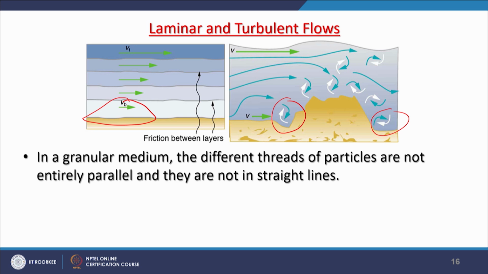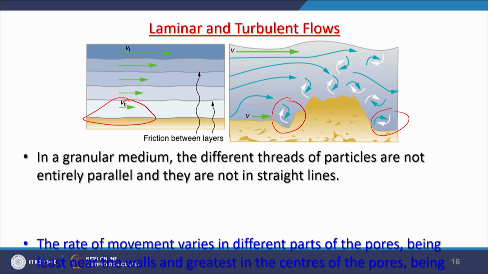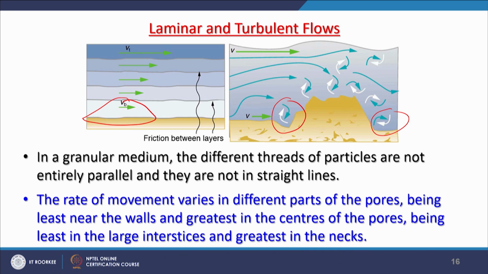Definitely in turbulent flow, they are not in a straight line. So, the rate of movement, or overall the velocity in different parts of the pores, is least near the walls and greatest in the center of the pores, being least in large intersections and greatest in the necks. So, this kind of situation will arise in the case of groundwater conditions also.